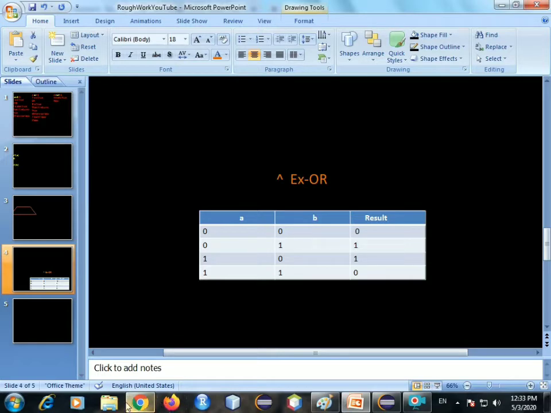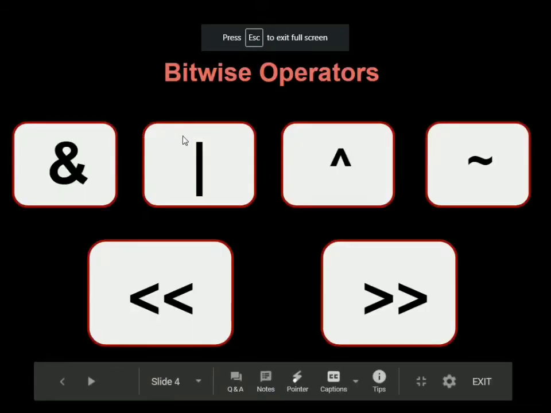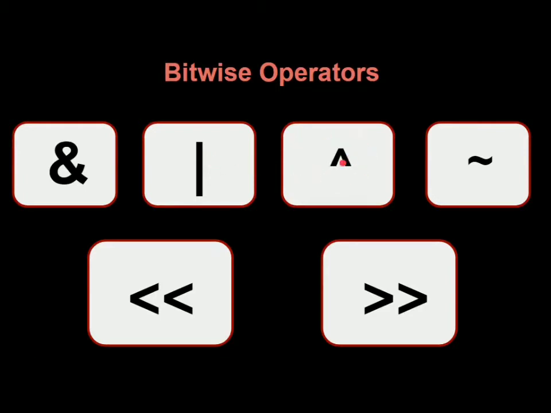Now let's go back to the slide. See, here you have bitwise AND, bitwise OR, bitwise XOR. This is known as complement, that is one's complement. I guess I will have to teach that also in case you all do not know. This is one's complement. It's basically negating it.